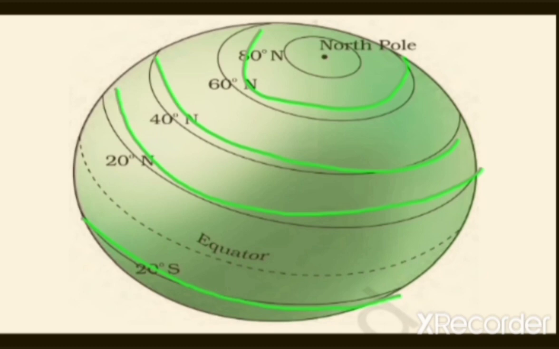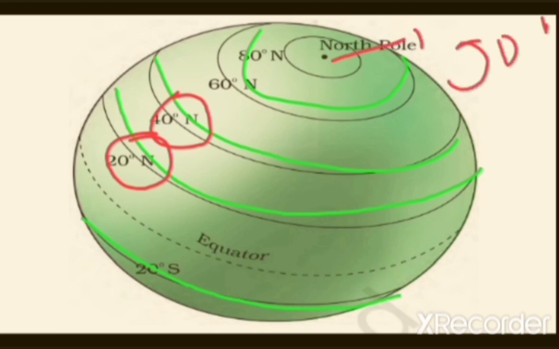In this picture you can easily see that this is 20 degree north, 40 degree north, 60 degree north, 80 degree north, and north pole is 90 degree north. Similarly, this is 20 degree south. North and south show the direction.